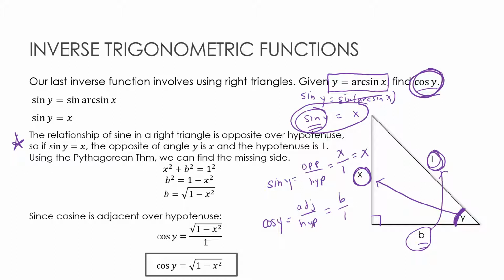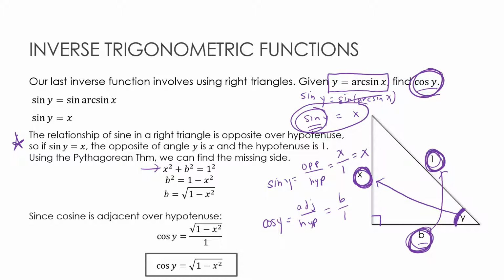What I'm looking for now is essentially to use the Pythagorean theorem that says leg squared, which is x squared, plus leg squared equals hypotenuse squared. So notice that's what I did here. x squared plus b squared equals 1 squared. Now what I'm trying to do is obviously solve for b, because I don't want it to be b. I want it to be something in terms of x.